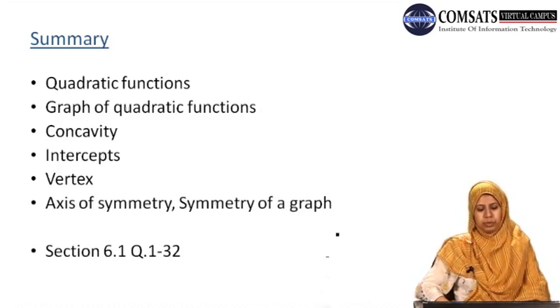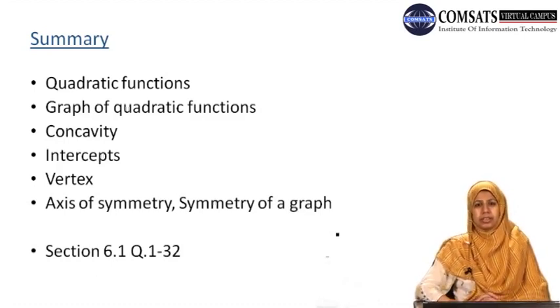For this, we need four main things: concavity, x-intercept, y-intercept, and the vertex of our graph. In our last lecture we studied the concavity and the intercepts. Today we have seen the vertex, how we can find the vertex of a given quadratic function, and how it helps us in sketching the graph of our quadratic function, which is the parabola.